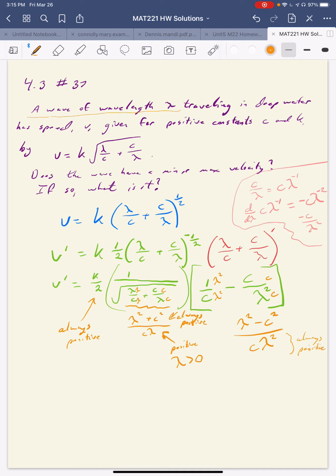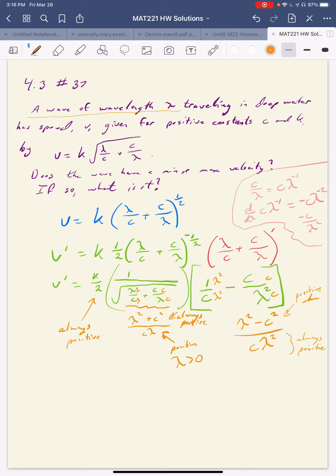So now what we're really looking at here is this term right here, lambda squared minus c squared, and that is going to be positive whenever lambda is greater than c. It's 0, right? We can see that this numerator here is 0 when lambda equals c, because then c squared minus c squared would be 0.